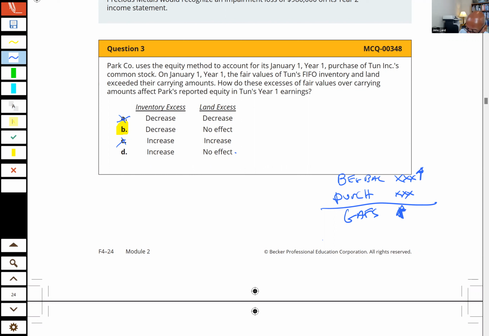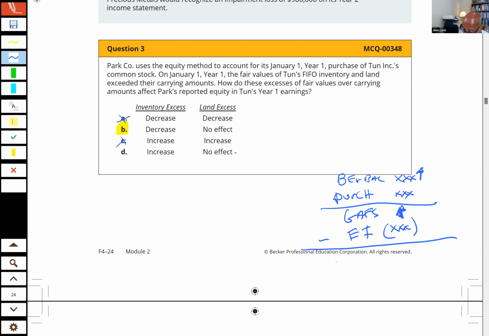We would subtract the ending inventory, which is going to be reported at these year-end prices now. The ending inventory under the FIFO method is going to be whatever the fair values are, because remember, FIFO tends to report on the balance sheet the inventory at fair value because it's the things that we just bought that are still sitting in inventory.